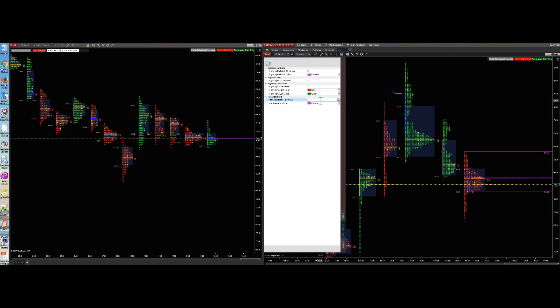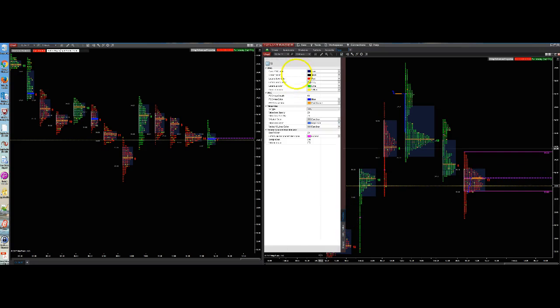When you split profile, you can have access to many different properties that are to be set from that property window here. And on the profiles, it's all stuff, again, related to colors, opacity, and things like that.